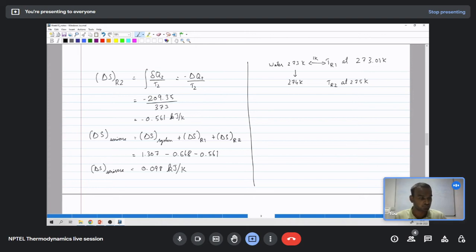But this is practically not possible, but just for theoretical knowledge, this is good to understand. So if you have a very low temperature difference between the reservoir and the system, and heat is transferred, there will be less and less entropy generated.